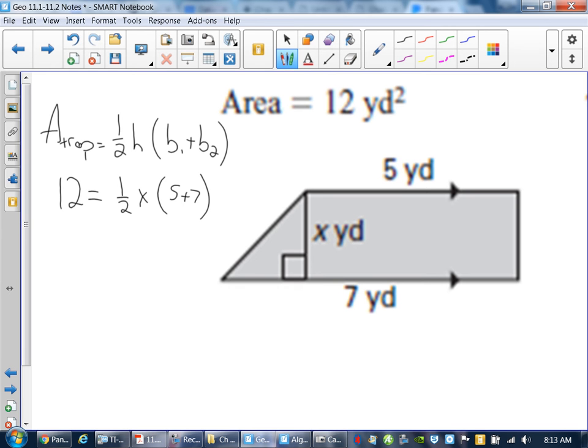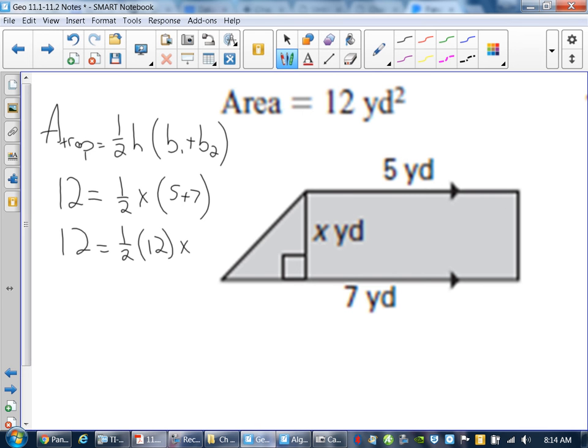What's 5 plus 7? 12. So you have 12 equals half of 12 times x. What's half of 12? 6. x equals 2.